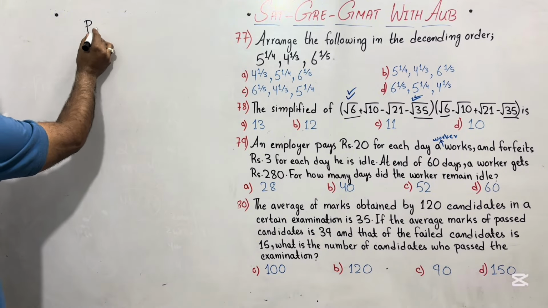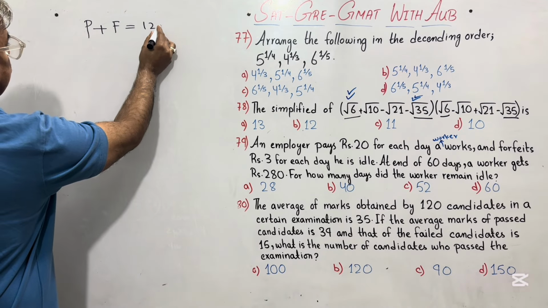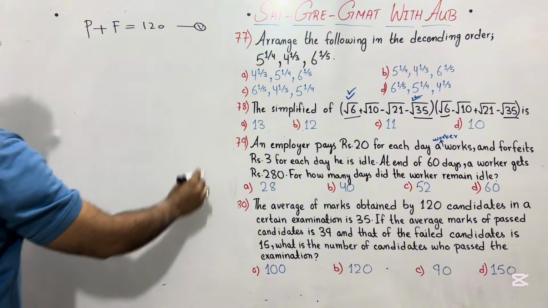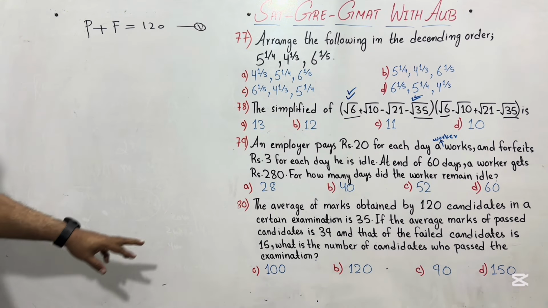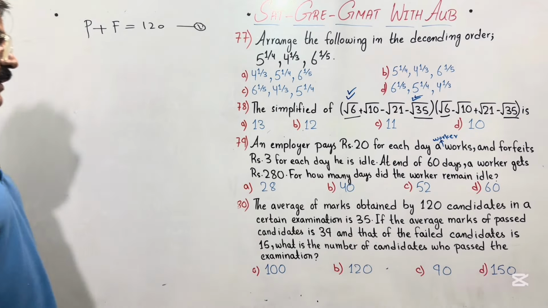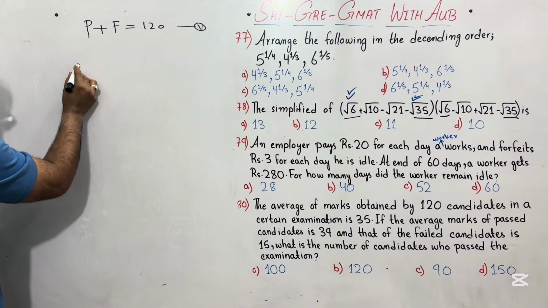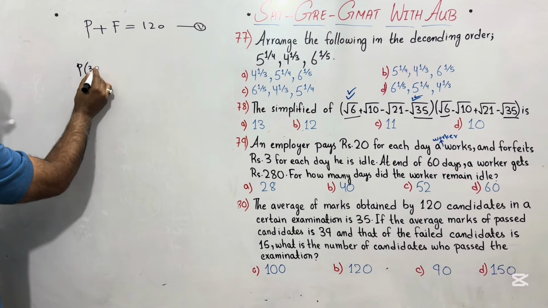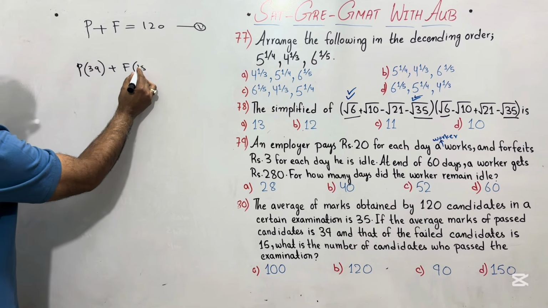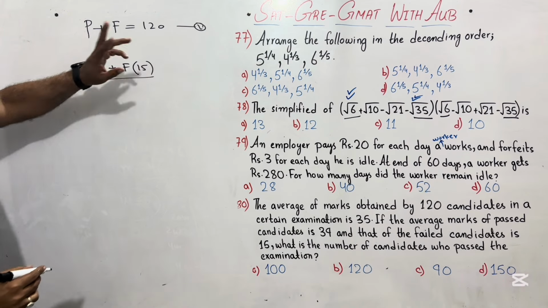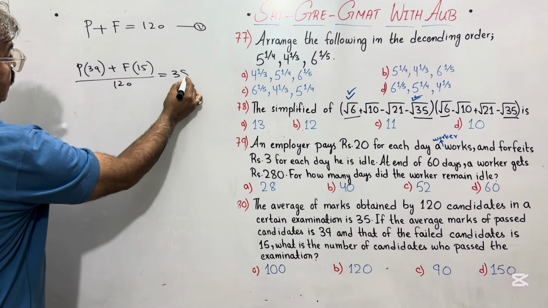Equation number 1: whether passing or failing, their total is 120. It is given to us as 120 candidates. Second, the average for passed candidates is 39, while failures have an average of 15, divided by the total number of students, 120, and their average is 35.